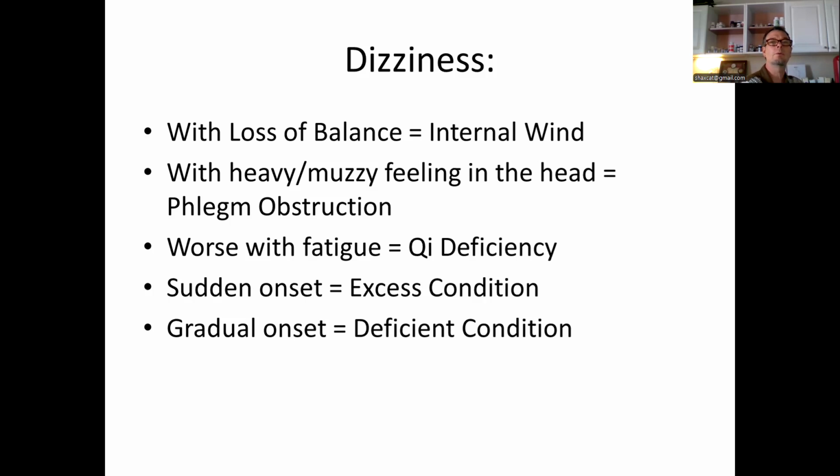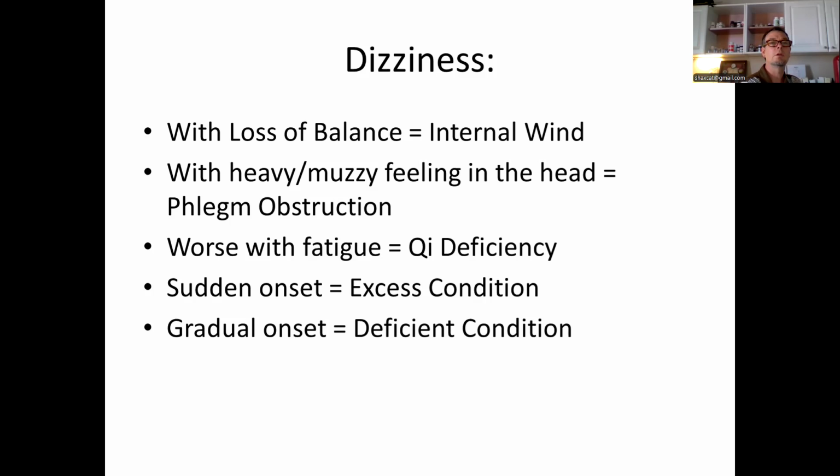Heavy or muzzy feeling in the head, phlegm obstruction. That wet, damp towel we were just talking about has gotten even more damp and thick with phlegm. So your head's feeling heavier or muzzy, meaning you can't really focus, can't really think. Worse with fatigue, the dizziness, chi deficiency.